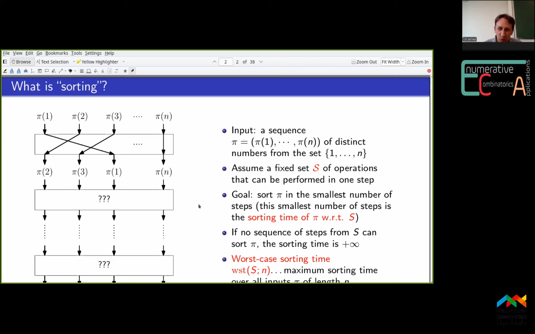And what I'm really interested in is the worst case sorting time for the set S and the length of input n, which is the maximum sorting time over all possible inputs of length n.